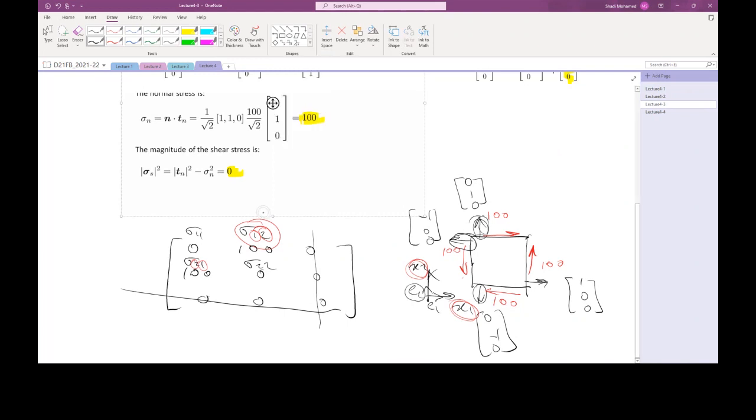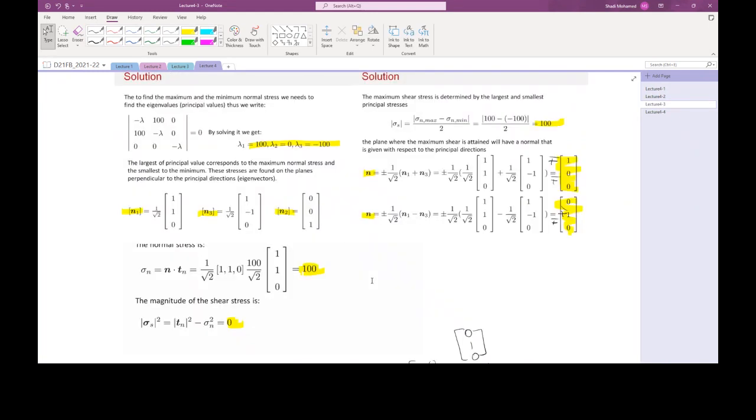Oops. So the original stress tensor is actually representing a situation where the shear is going to be maximum. And all these planes are perpendicular to each other, just like we said. So it's happening on this plane. Yes, exactly. This is the one.